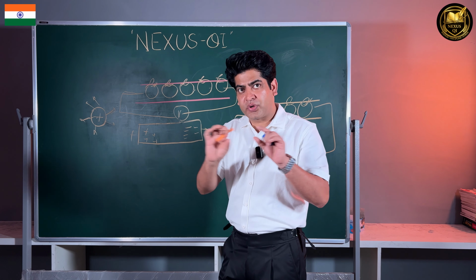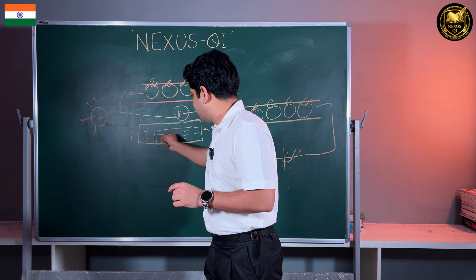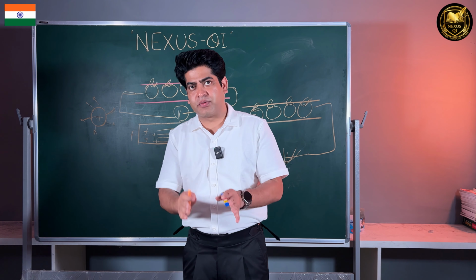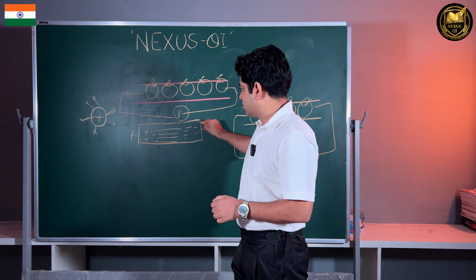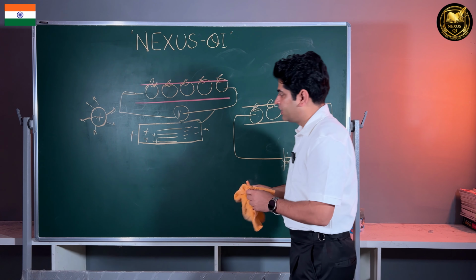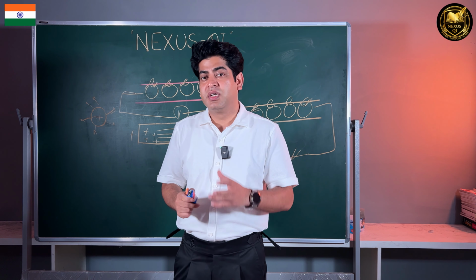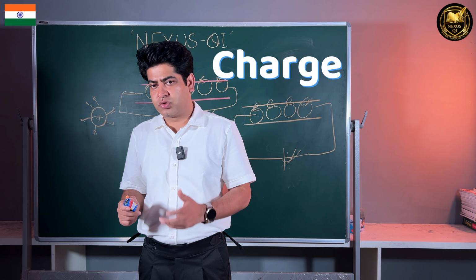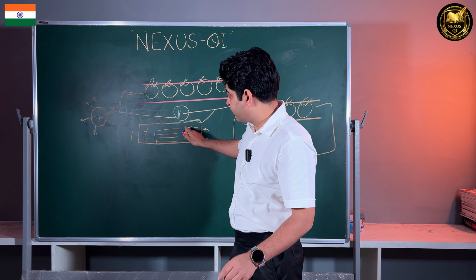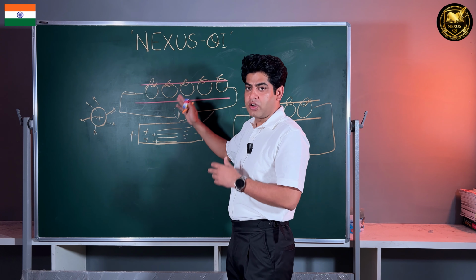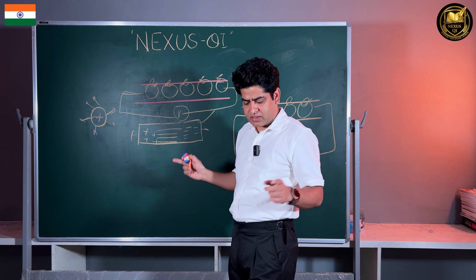Due to these two potentials, we are experiencing a field inside. So now the major question is, how is this field going to help the electron, the charge, to move in the entire circuit?